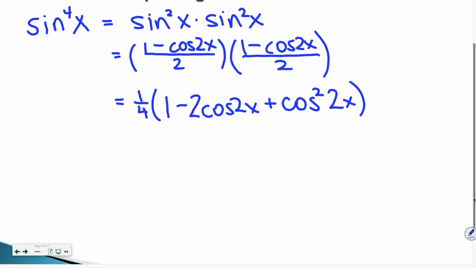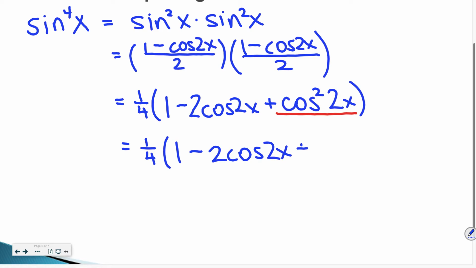Do we have cosines with only powers to 1? Then we are not finished. Okay? We have this cosine squared right here that we need to change. So what we have is 1/4 times 1 minus cosine of 2x, and then cosine squared of 2x.